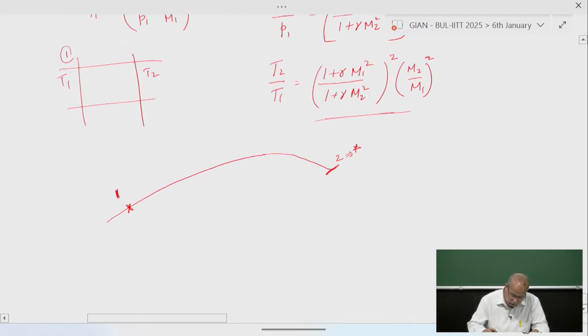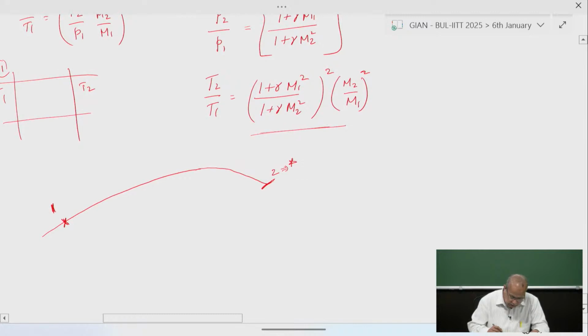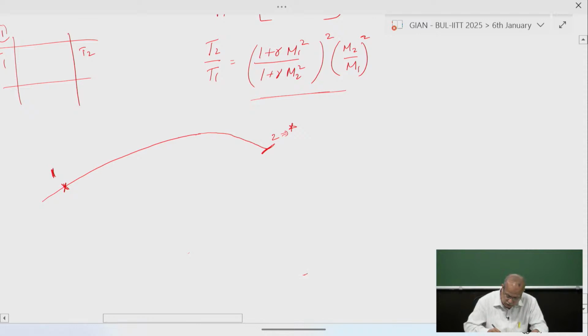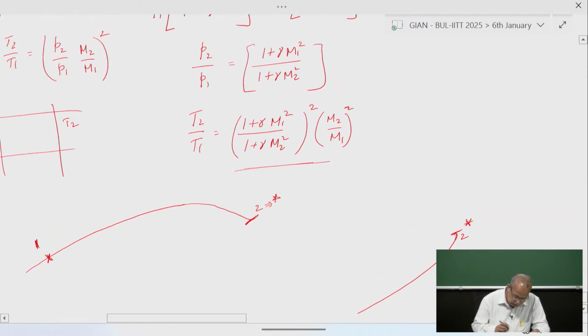Similarly, the same thing is valid in the lower branch of the Rayleigh curve, which corresponds to scramjet combustion. It goes from starting point 1. This is totally a different problem situation. It starts from 1 and goes to 2, and this is a critical point. Is that clear for all of you? So let's try and apply this condition here.